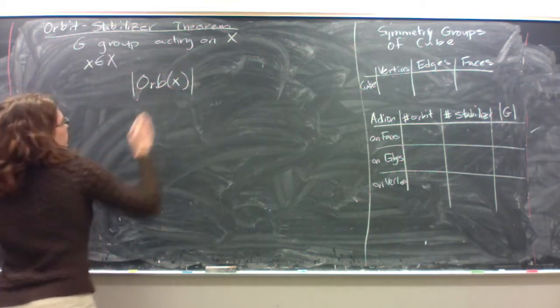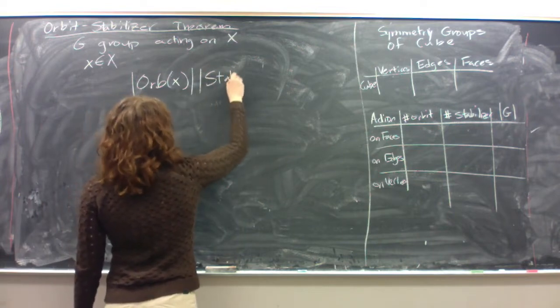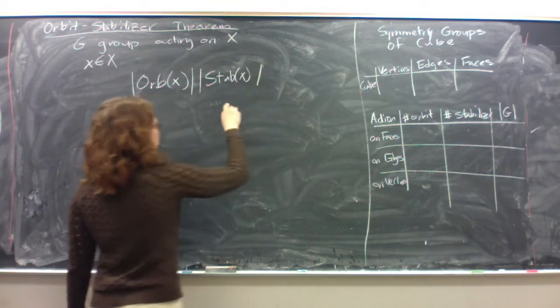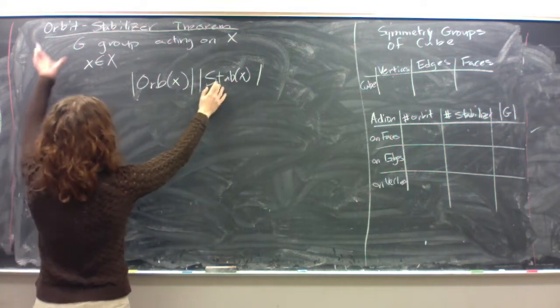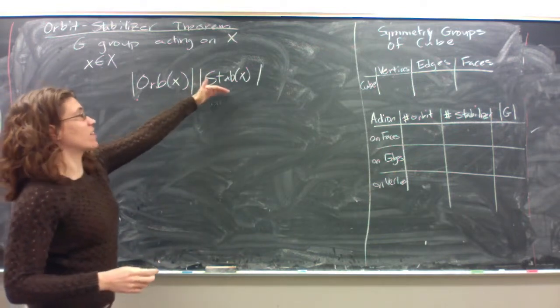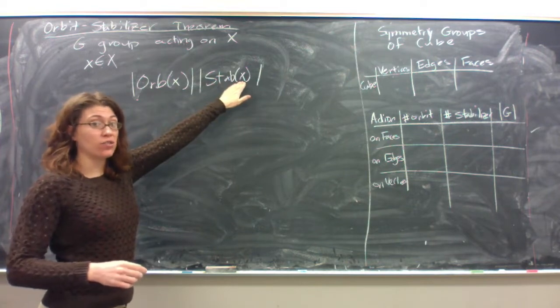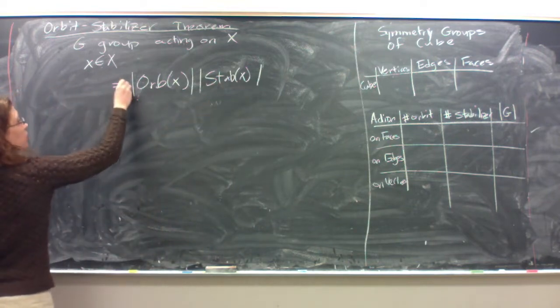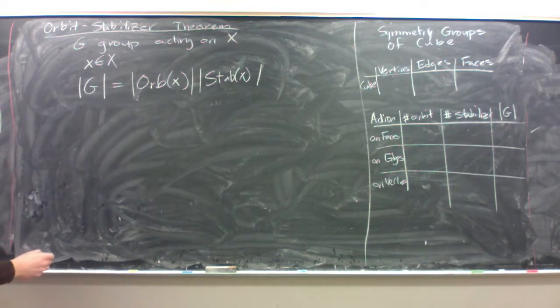If I look at the number of elements in that orbit, and I multiply it by the number of elements of the stabilizer of X, recall that the stabilizer of X is a subset of G that consists of the elements of G that leave X unchanged. This product is going to be the order of G.